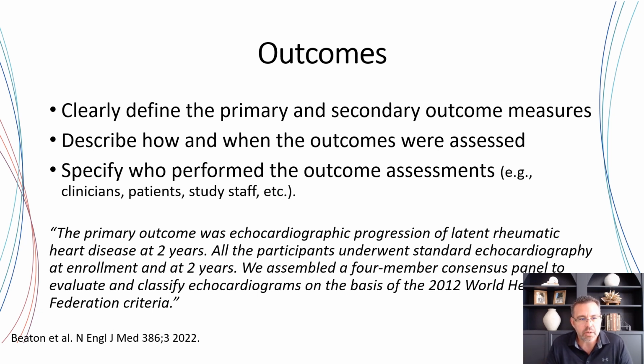So here at the bottom, I've got what I think is a very well-written example from Dr. Beaton and many of our colleagues in the ART network, where they describe an outcome as: the primary outcome was echocardiographic progression of latent rheumatic heart disease at 2 years. All participants underwent standard echocardiography at enrollment and at age 2 years.